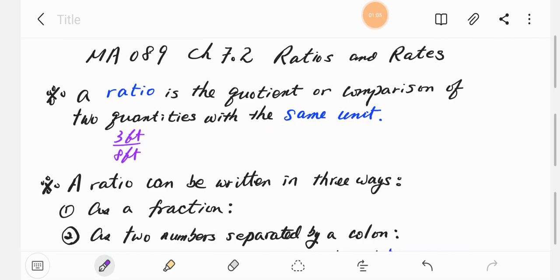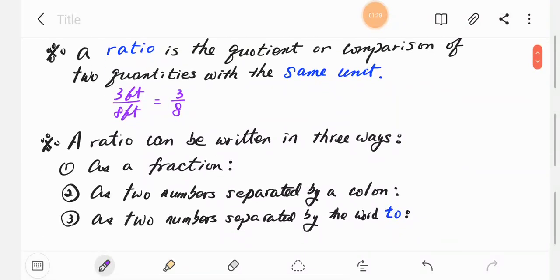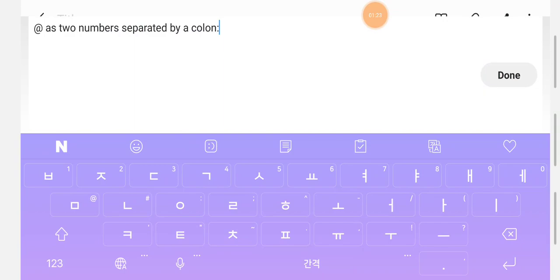So 3 feet over 8 feet is equal to 3 over 8, right? Because the units are the same. Very simple. When you write a ratio, we can write it in 3 ways.